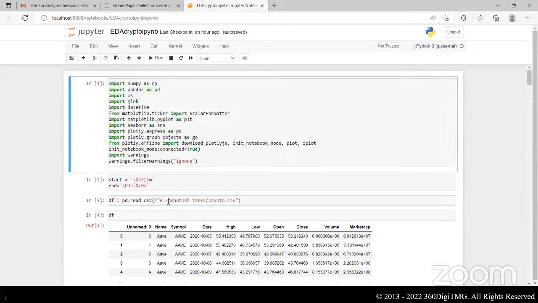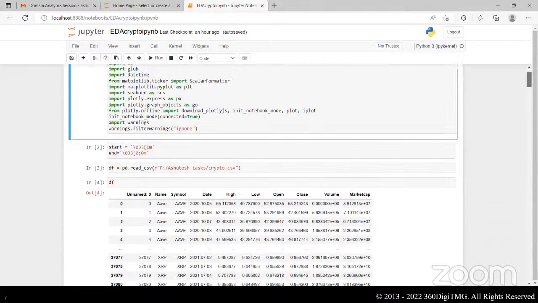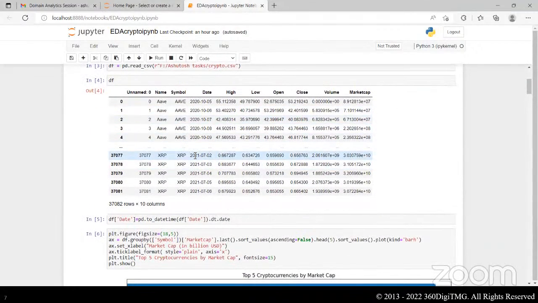I have imported this data set. After importing this, when I got this inference, what I'm trying to do is find the top 5 cryptocurrencies based on the market cap.